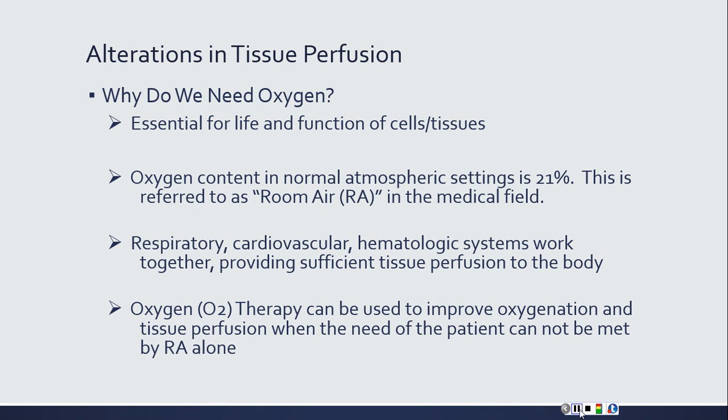Normal oxygen content in a normal setting. Hopefully in this setting, the oxygen concentration in the room is about 21%. What would alter that? Anybody got a guess? Okay, fire, absolutely. Fire's going to pull oxygen out of the air. Anything else?